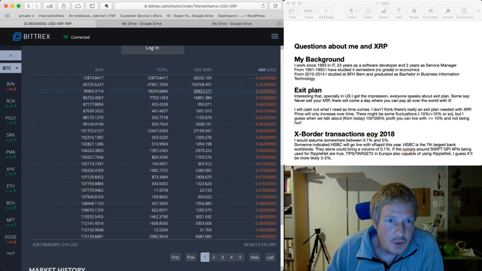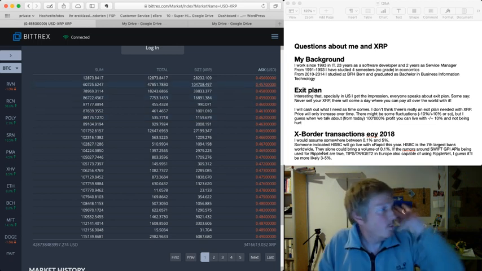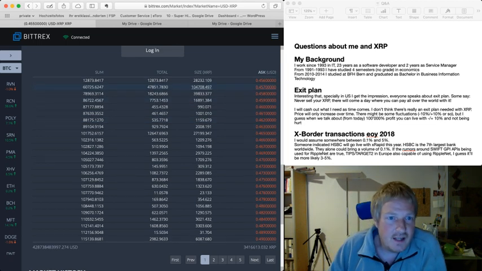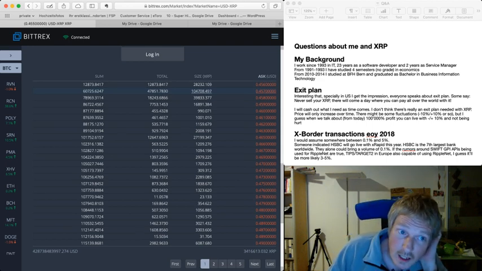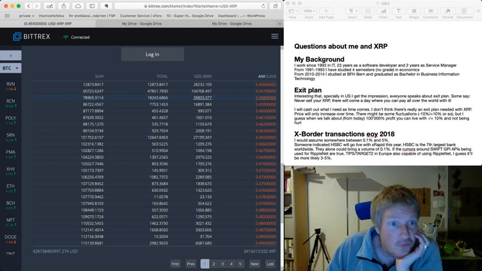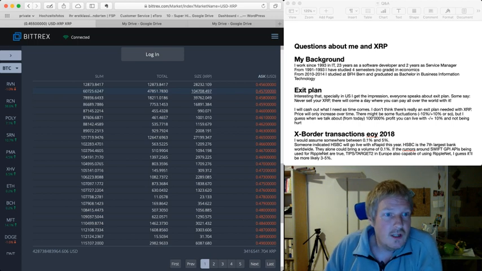Now, the second person already wants 0.1 cent more, and also wants to sell way more, like almost 5 times as much, over 100,000, which gives us a total of 47,000 for that transaction.